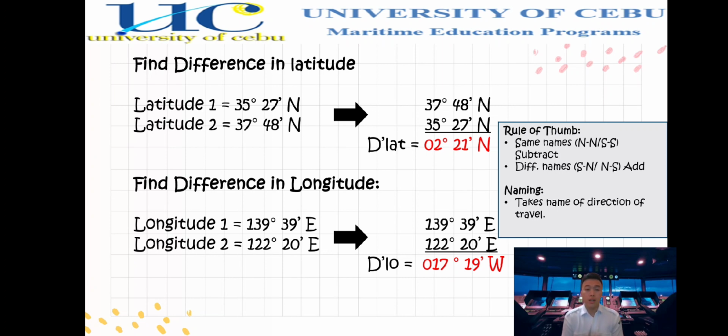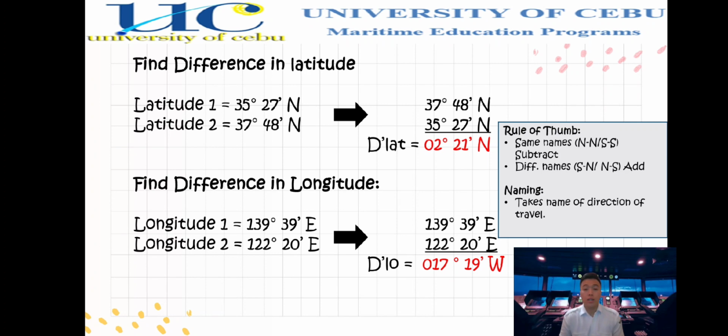Next is the difference in longitude. In the problem, longitude 1 is 139 degrees 39 minutes east. Longitude 2 is 122 degrees 20 minutes east. We just subtract because it has the same name, which is east.